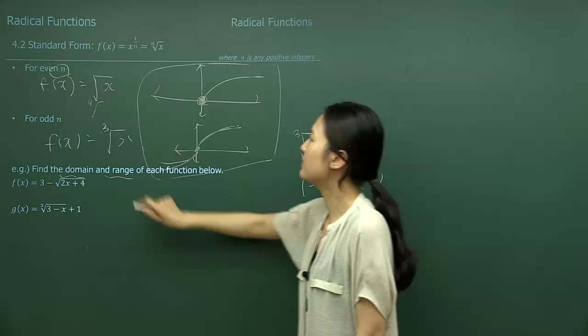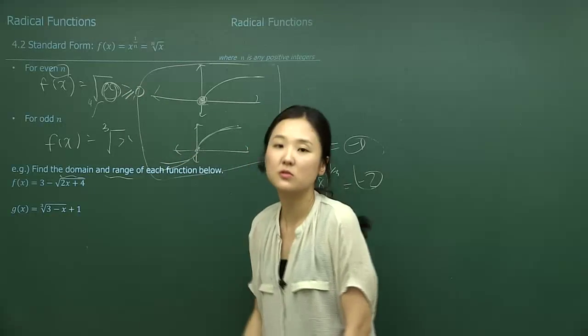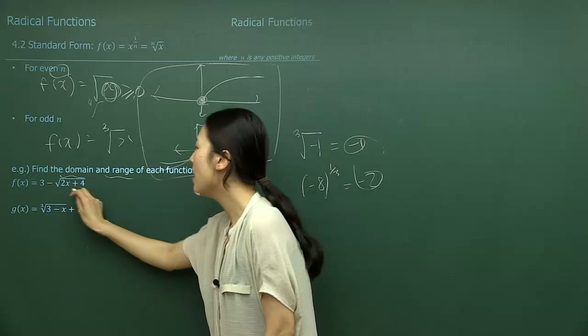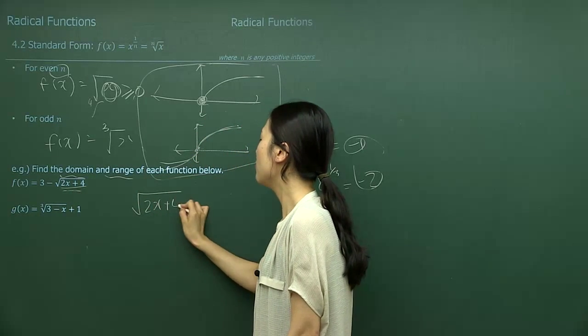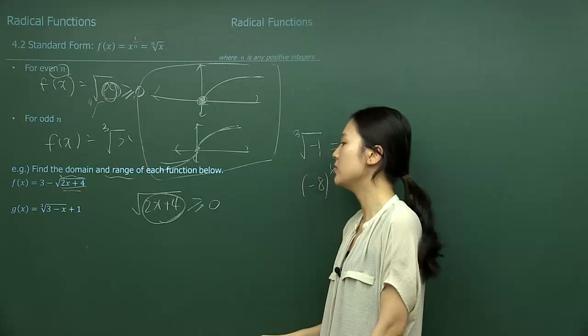Again, like I said, this has to be greater than or equal to 0, because we can't have anything negative in it. Whatever you have within the square root has to be positive or equal to 0.